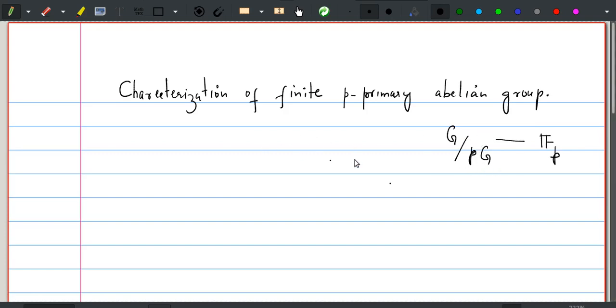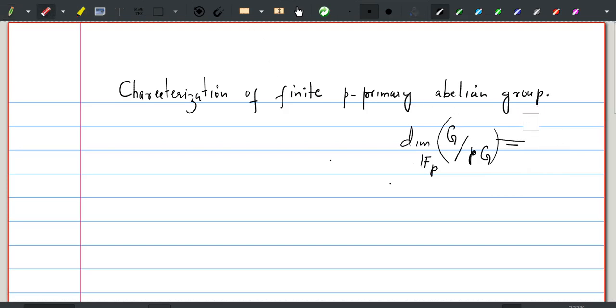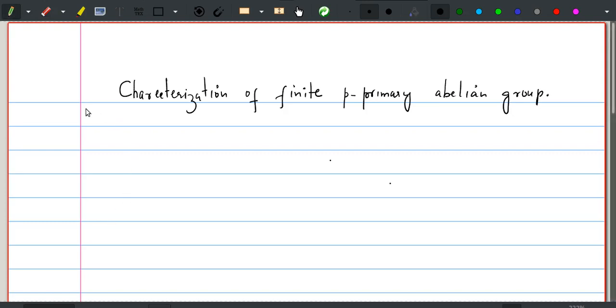So we denote the dimension of this vector space over this field F_p by d(G). So let us make this a definition here.